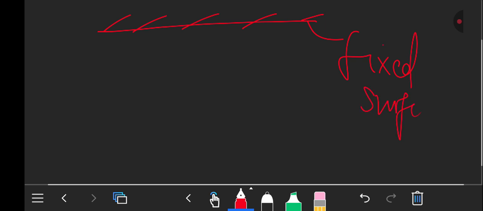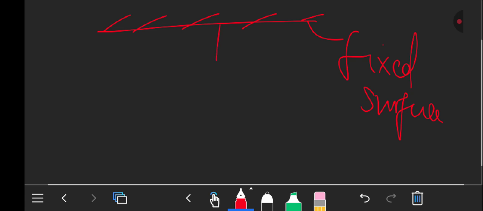So I can have a structure here. Let's say this is a fixed surface.